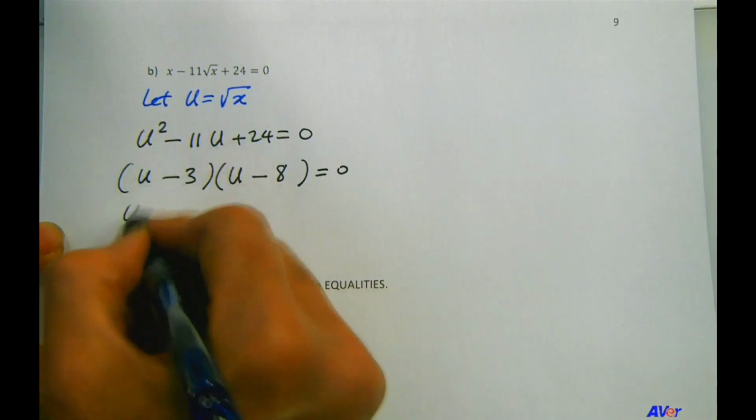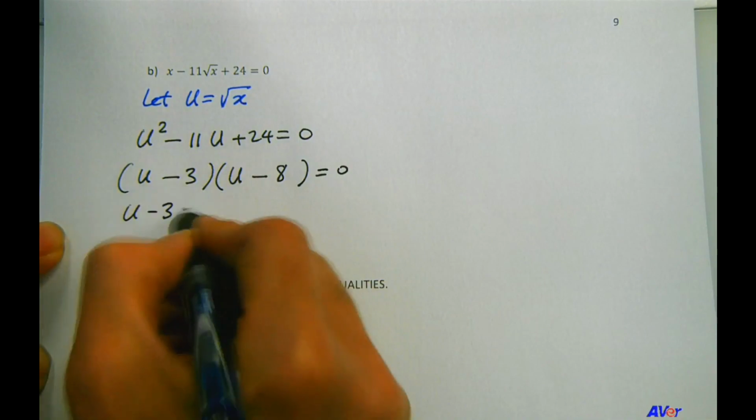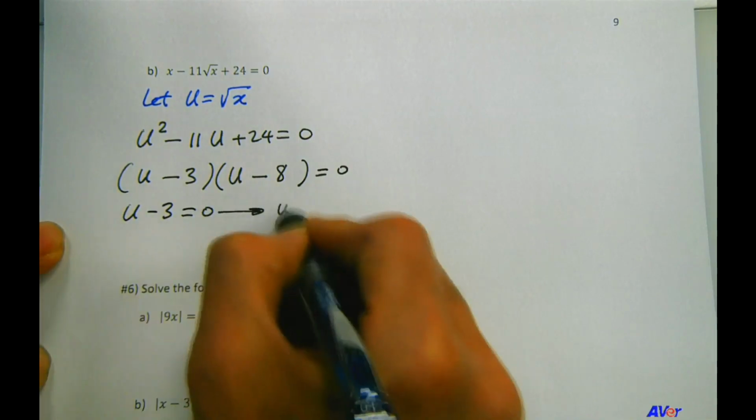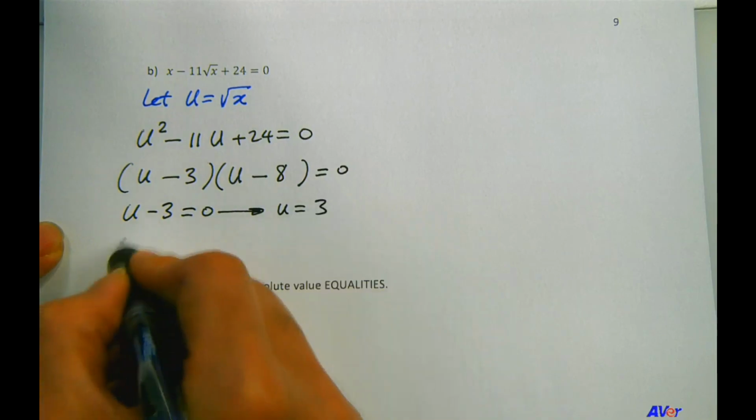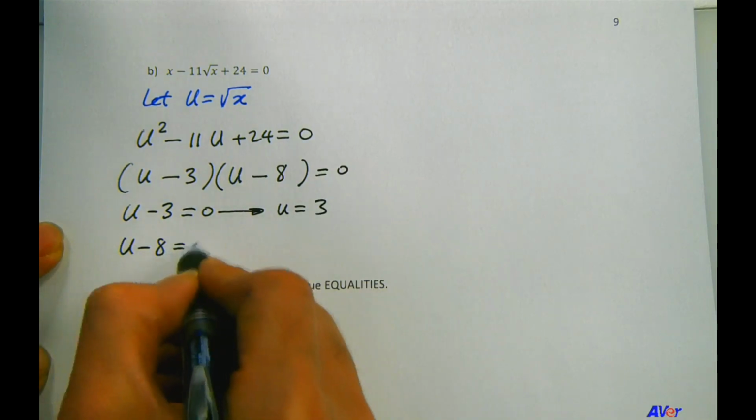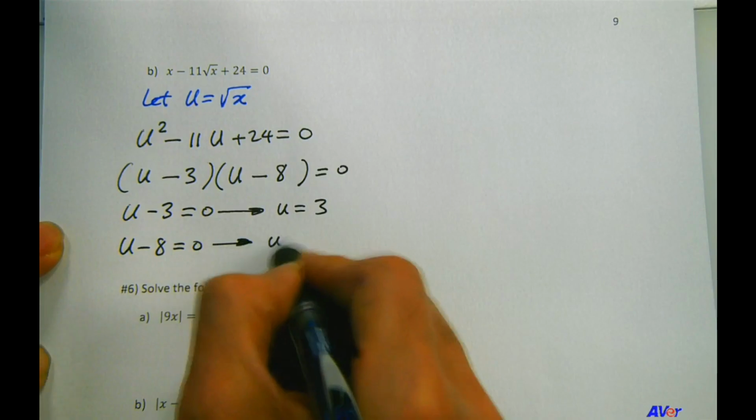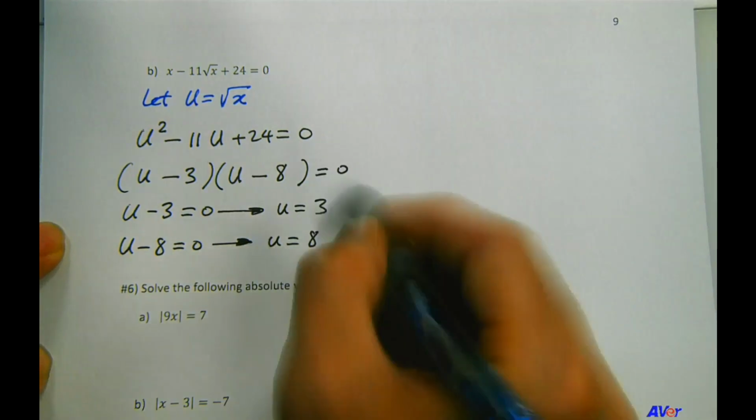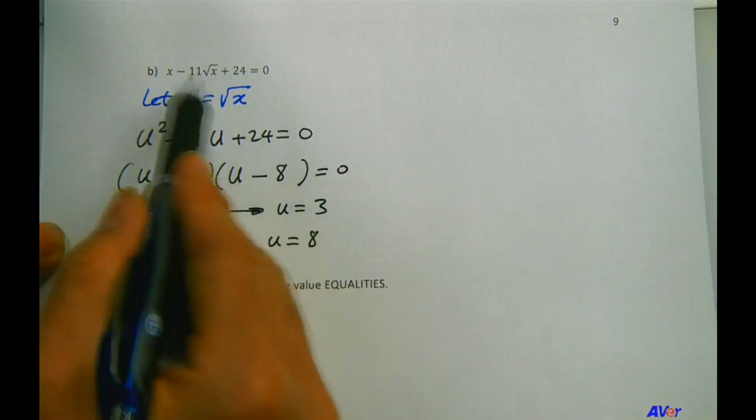Okay, so let's set each factor equal to 0 and solve for u like that. Positive 8. So we're not looking for u, right? We're looking for x.